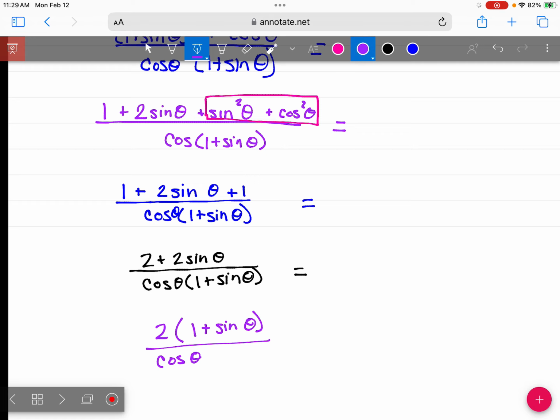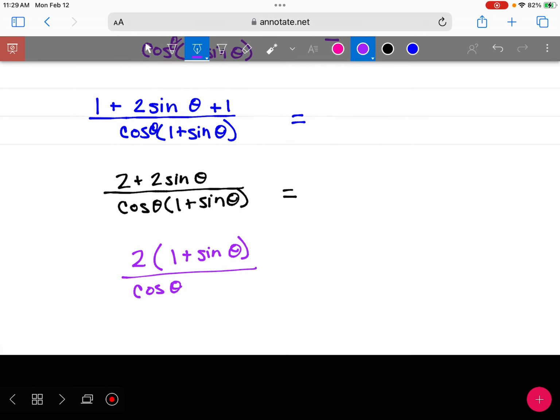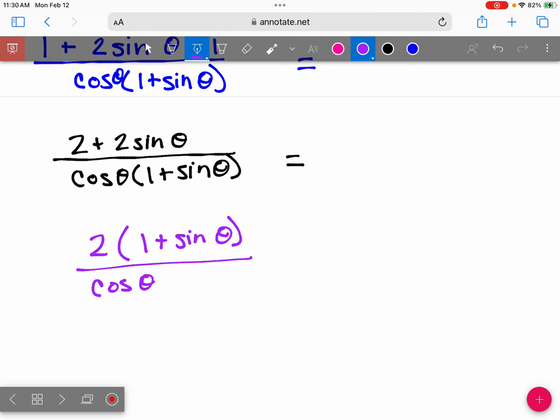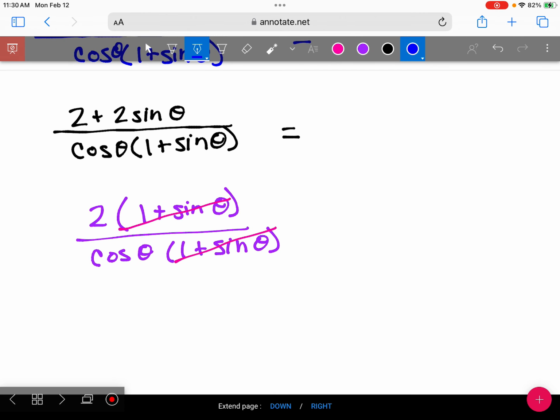Oh, got it on that one too. I got it on that next blue one up. There we go. Don't drop a theta. So we have our 1 plus sine theta still down here on the bottom. And the reason I wanted to factor that out is because my 1 plus sine theta actually cancels out, and we're left with 2 over cosine theta.